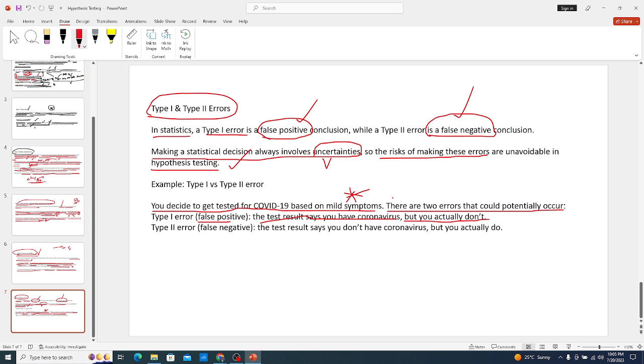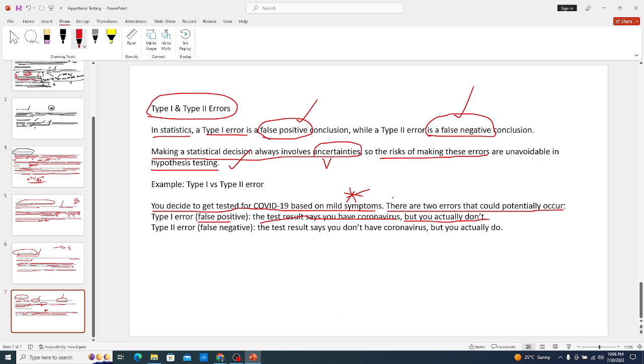What about type 2? Type 2 is false negative. The results might say that you don't have coronavirus, but you actually do. Let me put it this way, starting with type 1. Your symptoms might show that you have coronavirus, but truly you don't. Maybe those were symptoms of another infection.